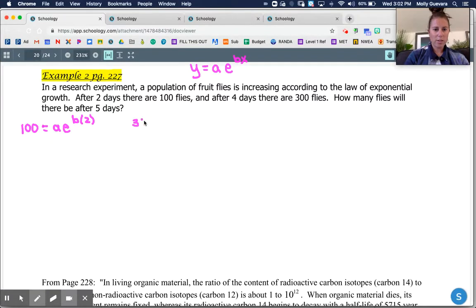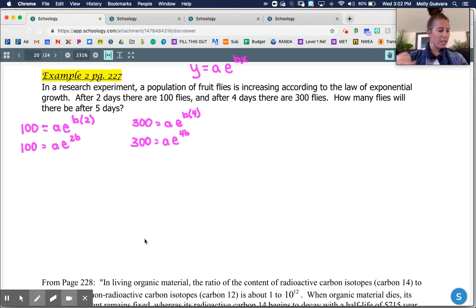So 300 equals a times e to the 4b. And the question is how many flies will there be after 5 days? I'm just going to rewrite this equation so it doesn't look as weird. So it's 100 equals a times e to the 2b, and 300 equals a times e to the 4b.